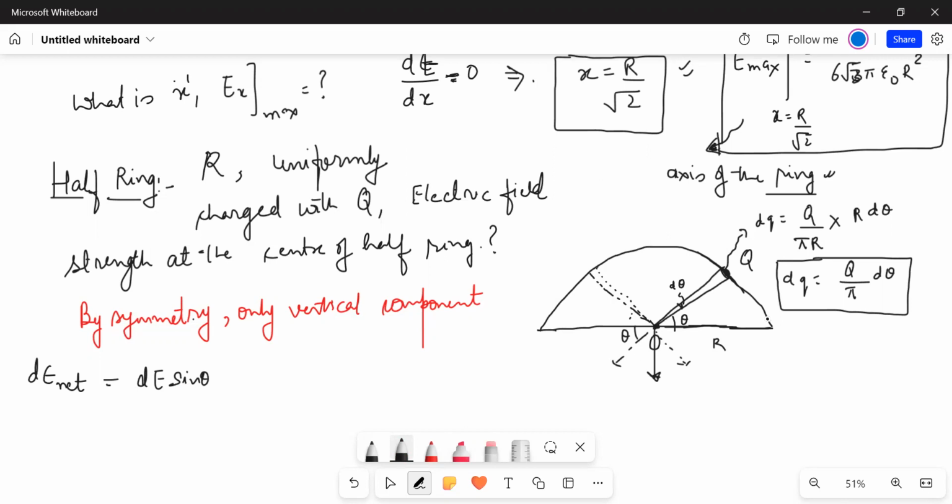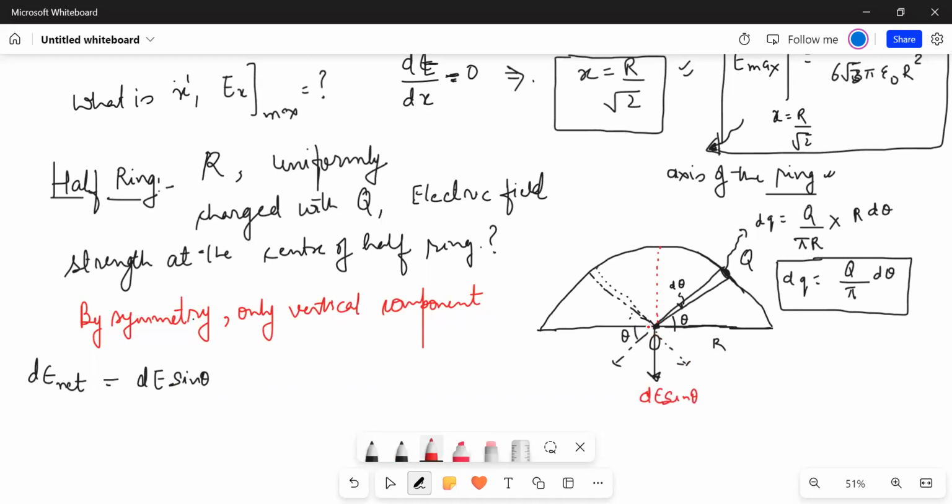Is that clear? As I told you on that particular day itself, if I want to integrate from 0 to pi by 2, and by symmetry I'm writing dE sine theta, good enough.